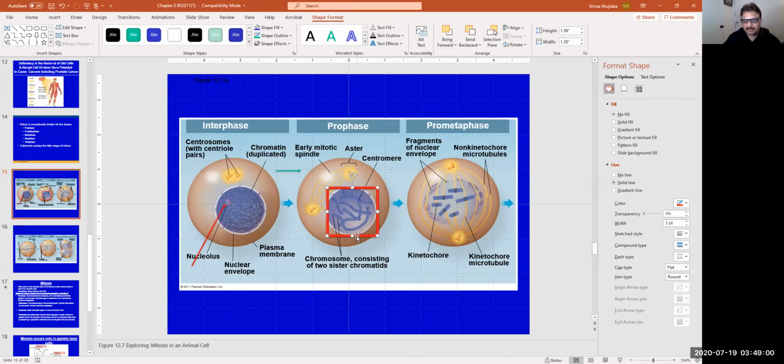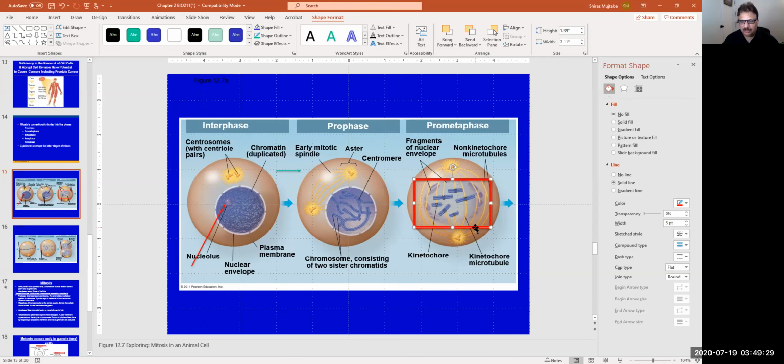Now, from prophase, the cells enter into prometaphase. What happens here? The nucleus begins to disappear. The nucleus, which was present in prophase and interphase, begins to disappear in prometaphase.